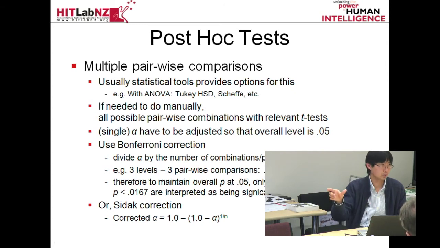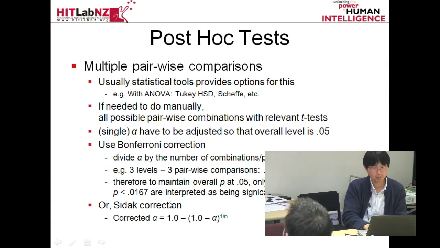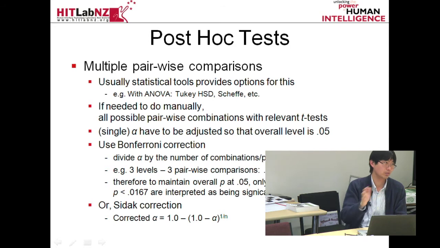So again, if you say like 10 levels, then it will divide by 10. So it dramatically reduces the alpha level. So in that case, I think Sidak might be a little bit more generous when you have too many levels in one case. But in general, in HCI research, when you have like 3 or 4 levels in one independent variable, usually they are pretty much the same value.